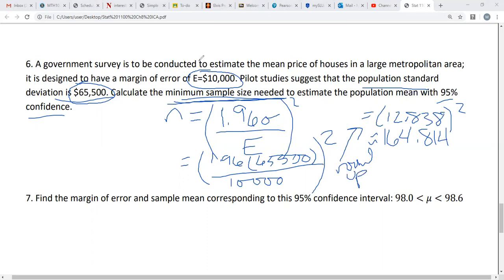So in order to stay within the margin of error of $10,000 and to suggest that our population standard deviation is 65,500, so we're saying, okay, if we want a range of about 55,500 up to 75,500, we need to sample 165 houses.